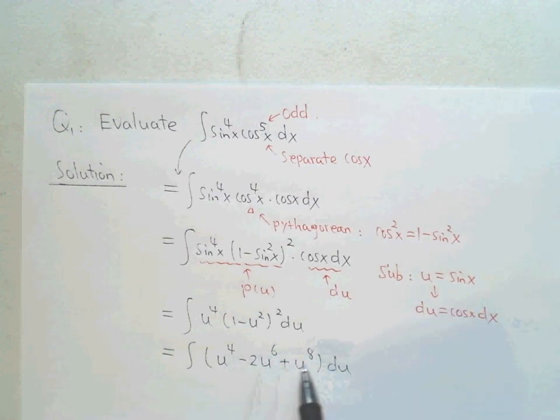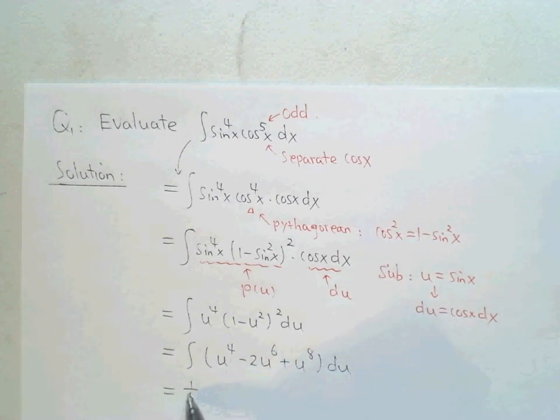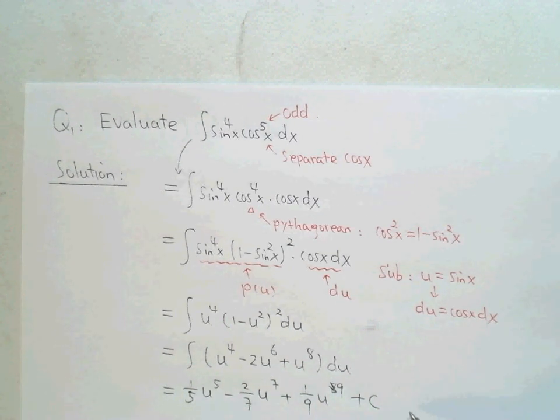Again, each one is a power, so of course we will have a power as an antiderivative. The first is 1 over 5 u to the fifth, minus 2 over 7 u to the seventh, plus 1 over 9 u to the ninth power. Don't miss plus c. Don't stop here.